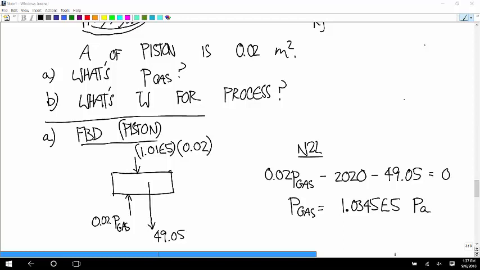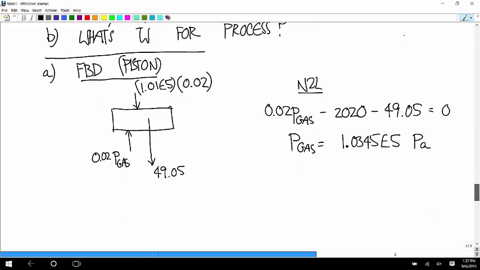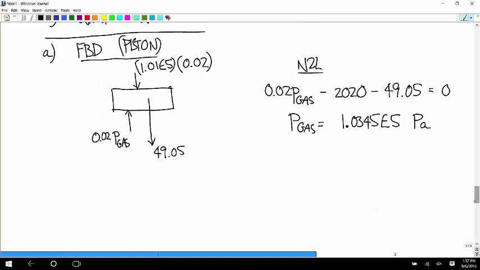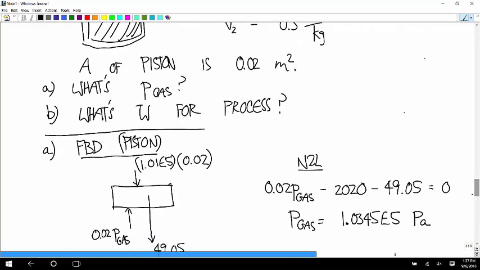So anytime that you have a piston that's just being pushed down on by atmospheric pressure, no matter what happens during the process, the pressure of the gas is constant. So what do we need now? We calculated the pressure, so now we just have to calculate the work.